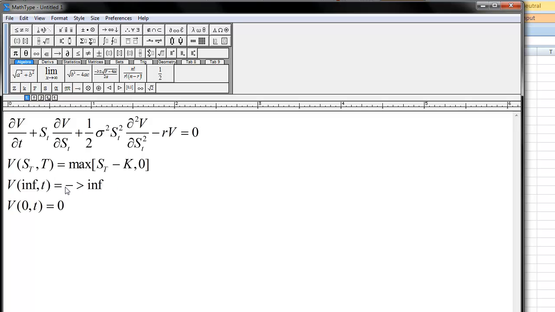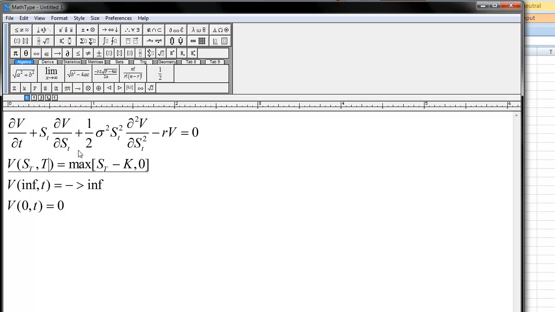So we are using all the variables. We have defined S_t to be the spot price, sigma means volatility, R is the risk-free rate, K is the strike price, and big T is maturity.